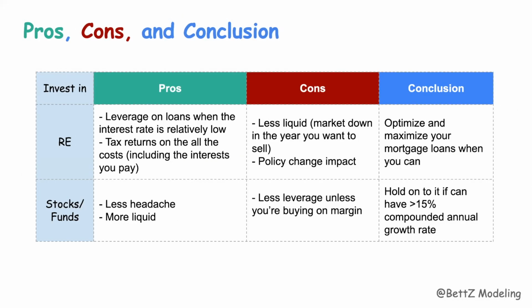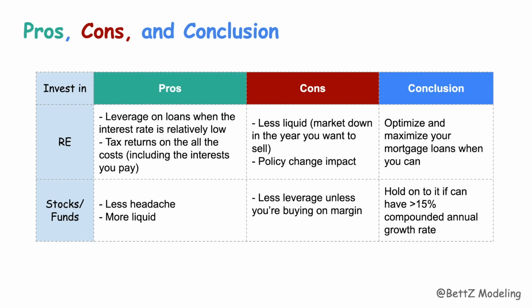Here we go. The pros of investing in real estate are you have the leverage of mortgage, especially when the interest rate is relatively low, meaning your annual rental cash flow can be more positive. And all the expenses like loan interest, management fees, and property taxes are tax deductible.